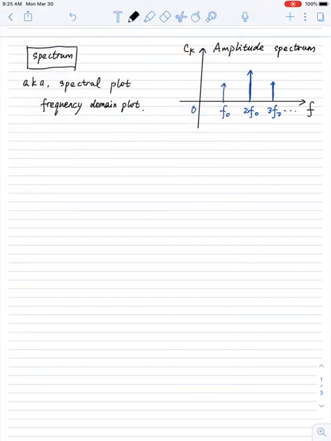And similarly, we can also have another spectrum for the phase. So the phase spectrum can be represented similarly. I guess the line is not really straight. Let's plot it again. Okay, so now it's orthogonal to the frequency line. So this is phi k. This represents the phase spectrum.